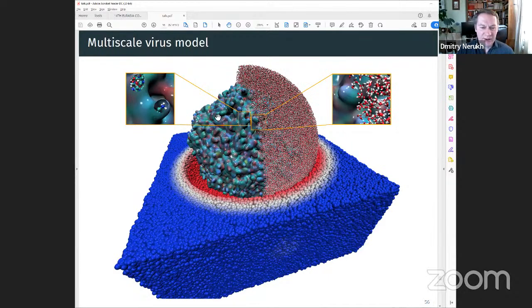This is an example of such a hybrid multi-scale model of a virus. These blobs here are the atomistic representation of the viral proteins. If you look closely, you can see that every atom is represented explicitly. Then around these proteins, we have a shell, a layer of atomistic water, because water needs to be represented atomistically when it's next to the proteins, to the biomolecules, because it interacts with them as molecules.